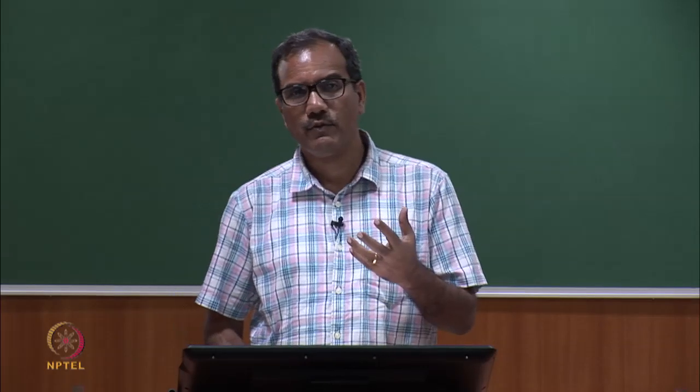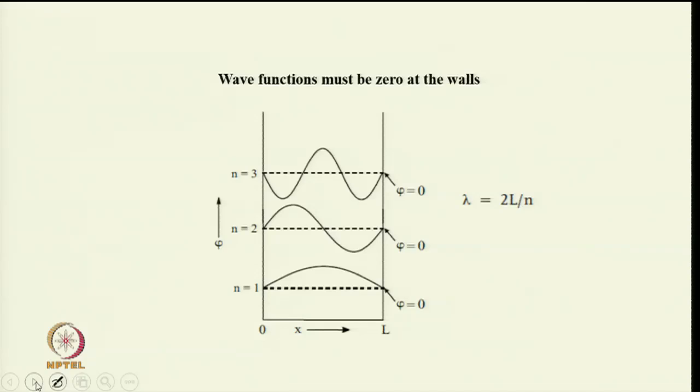So, what kind of wave function is allowed? The wave function that is 0 at the x equal to 0 position and x equal to L position. Now you can think of how a wave function will look in a box.